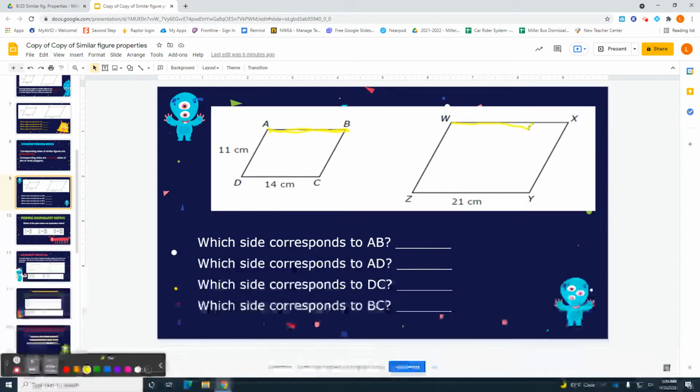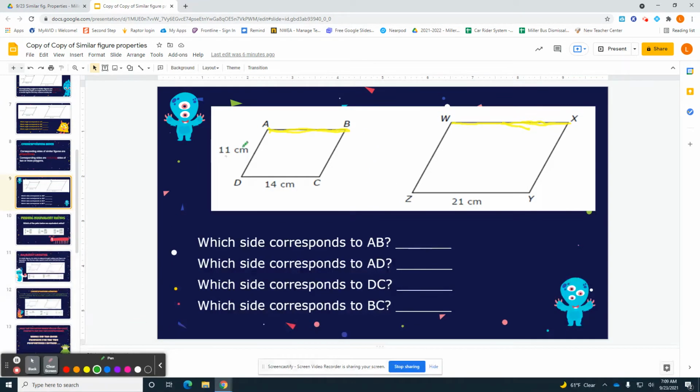I also know that that's the corresponding side because my larger angle is on the left and my smaller angle is on the right. If you look down here, my smaller angle is on the left and my larger angle is on the right. So I know that that cannot correspond with line AB.